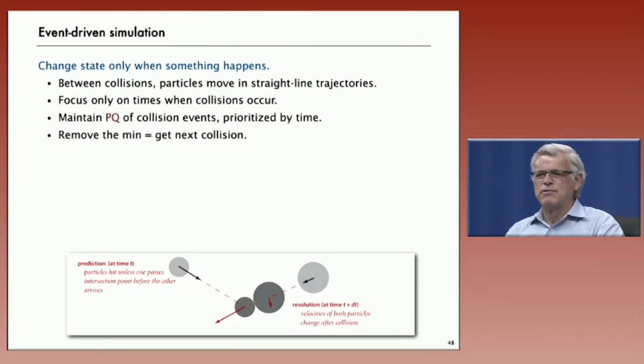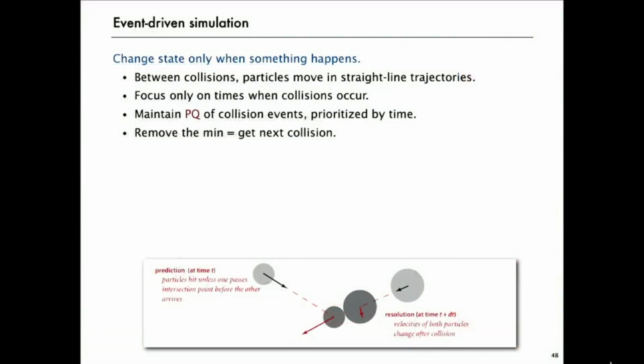And when we remove the minimum element from the priority queue, that's the next collision that we have to deal with. And so we have two phases. We have prediction and resolution. So at some time, t, we can take two particles. We know their position and velocity, as shown at the bottom here.